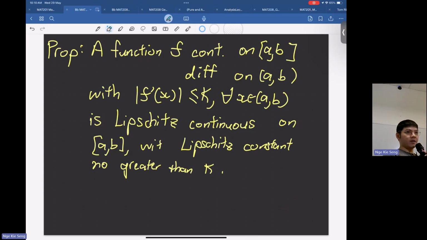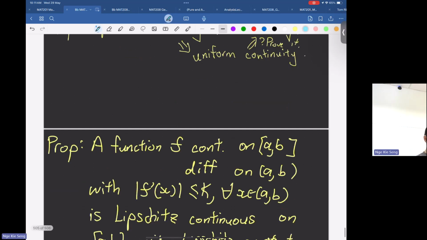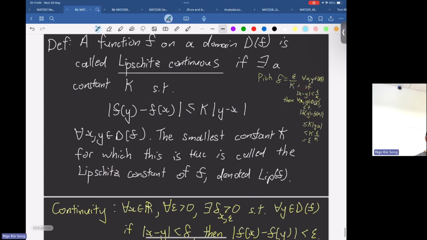Hello, testing. Let's start before we end the class. So actually, what do you want to prove here? Let's bring the Lipschitz continuity property down.